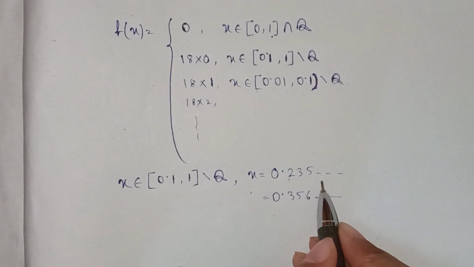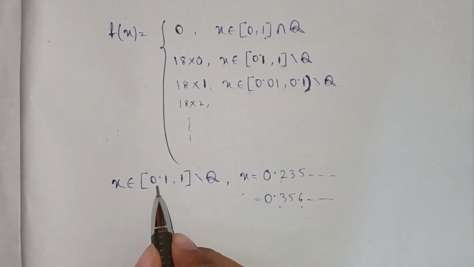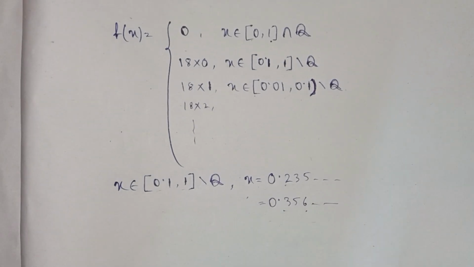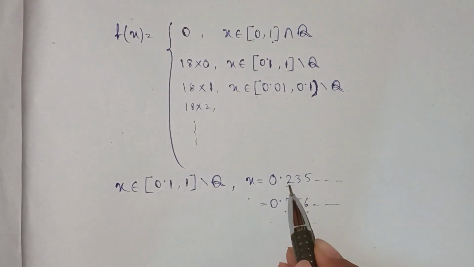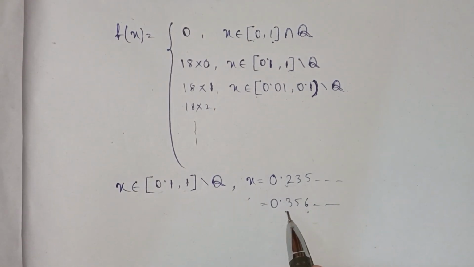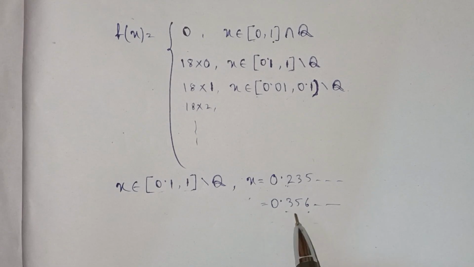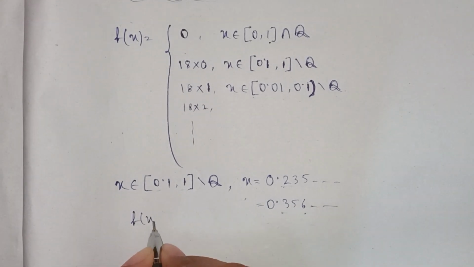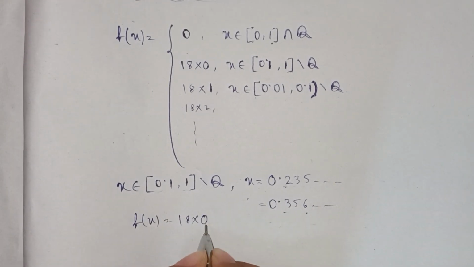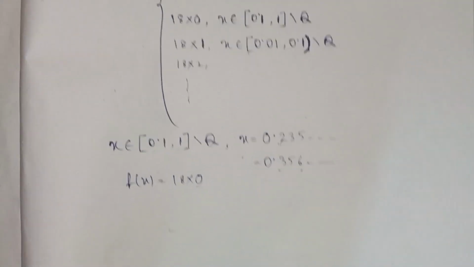Because these numbers all lie between these 2 points, right? And notice there are no zeros right after the decimal point. So in this case the functional value will be 18 into 0. The value of n is 0 here.